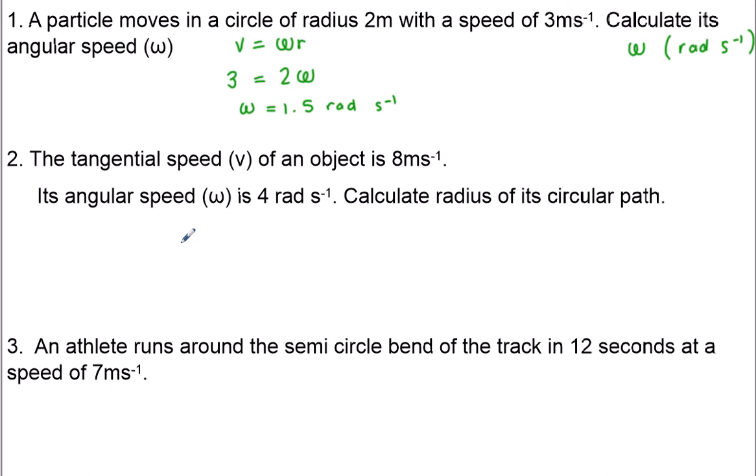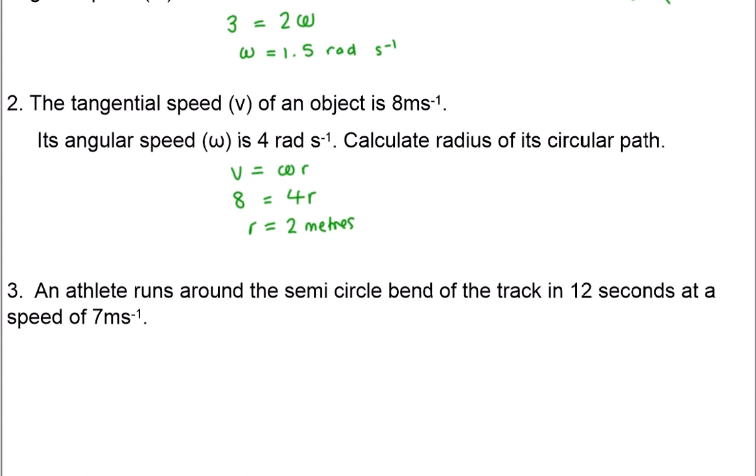So for this question then, v is 8, so v is omega r, and v is 8, and omega is 4, so 4r. So for this to be true where v is 8 and omega is 4, that can only be true if the radius is 2 meters.